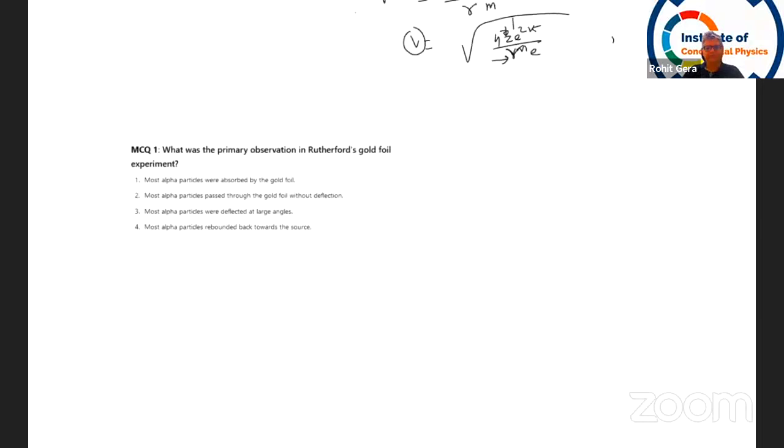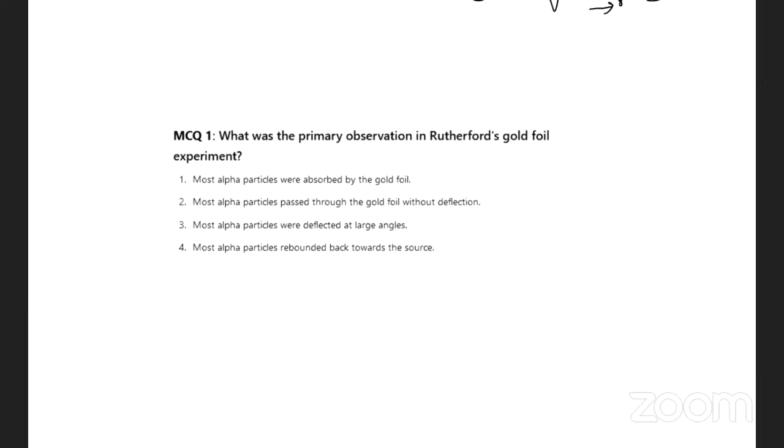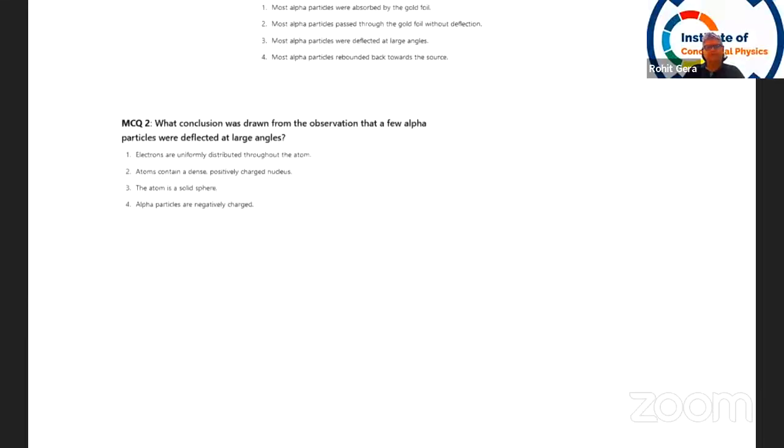Second. That is correct. This is just a repeat of theory in the form of MCQs.